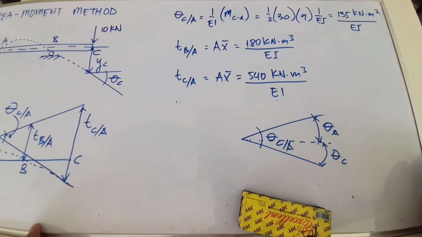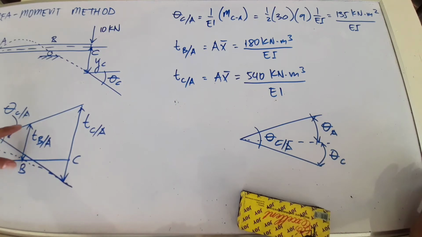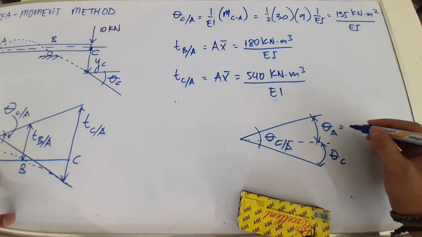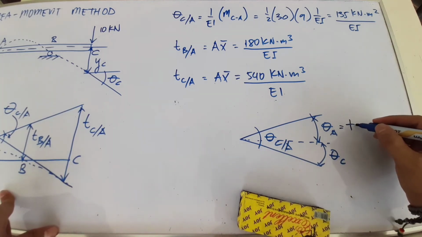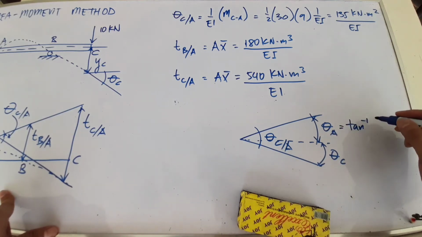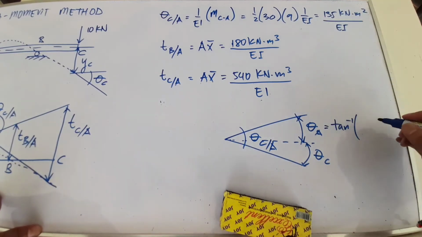Pwede pa natin i-compute na lang dito, no? So, magagamit natin yung triangle na ito. From T, B over A, papunta dito, which is 6. So, theta A is just actually, kung opposite over adjacent, that's tangent negative 1 of yung TB natin, which is 180.